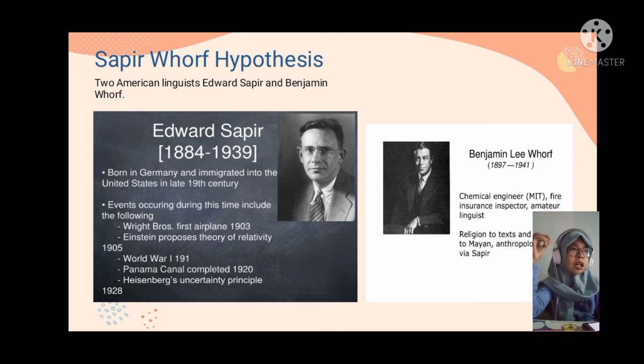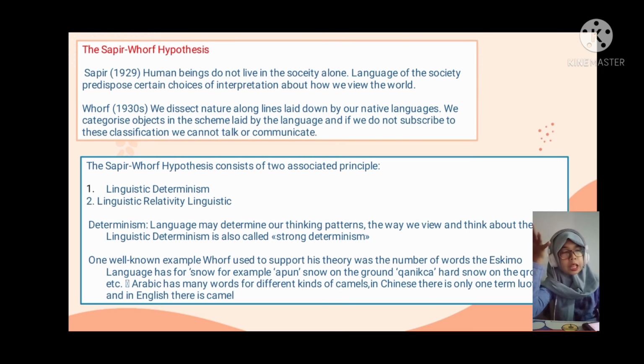He lived from 1897 until 1941. He was a chemical engineer, then an insurance inspector, and an amateur linguist. Both of them made a theory about culture, as we can see in the next slide: the Sapir-Whorf hypothesis.